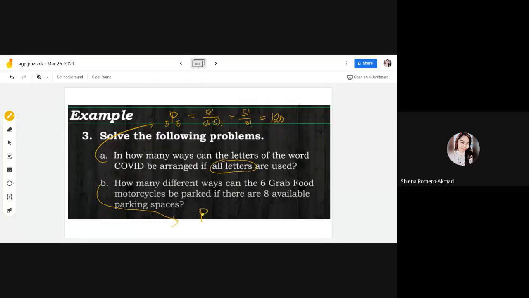So permutation of 8 taken 6 at a time. 8 kasi yung parking spaces, pero 6 lang yung Grab motorcycles. So we have 8 factorial divided by 8 minus 6 factorial equals 8 factorial divided by 2 factorial. So what will be the answer?